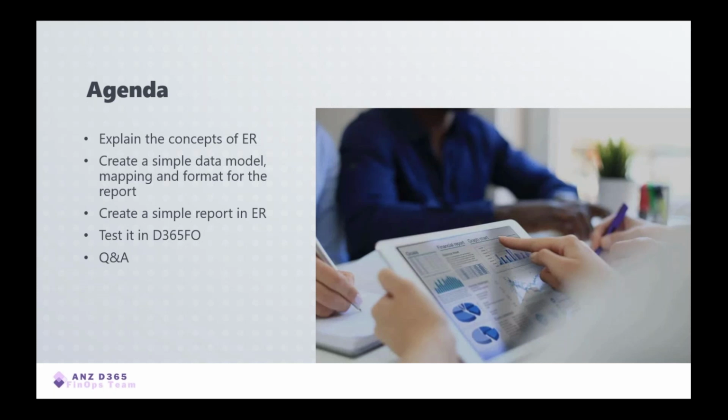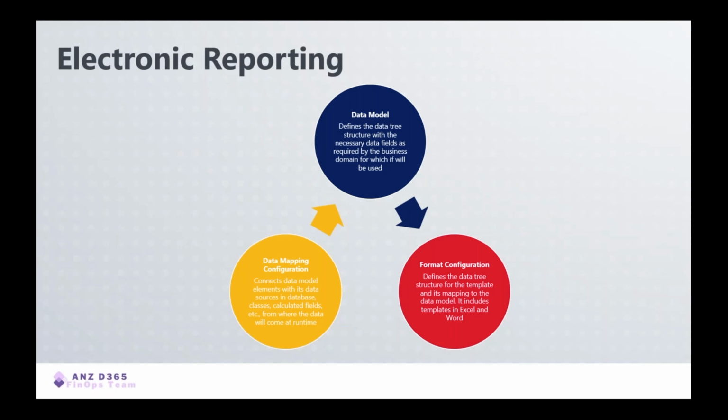Yep. So as I mentioned, we have three different components in electronic reporting: data model, data mapping configuration, and format configuration. The concept of the data model is pretty major for developing a report. Basically, it's a structure which you will be designing for your report or your EFT files.